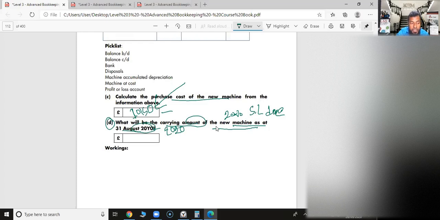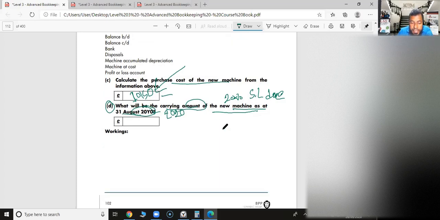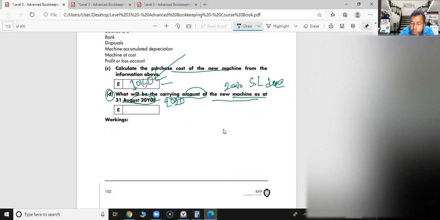10,150 is the answer. Give me the breakdown. Archran and Nicolette are giving me the answer. Yes, Archran, I'm taking your answer. Good one. 10,150 minus 2030. Look at what is being asked, people. They asked for the carrying amount. How do you get the carrying amount? Cost minus accumulated depreciation, don't you?